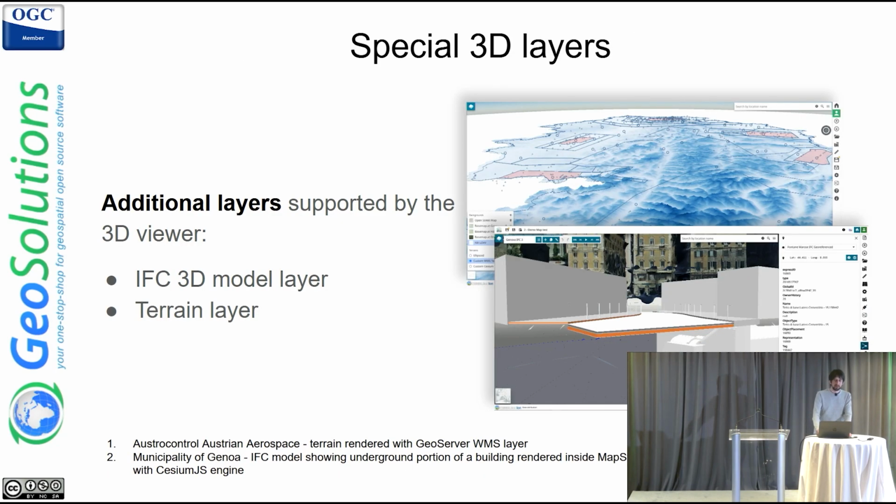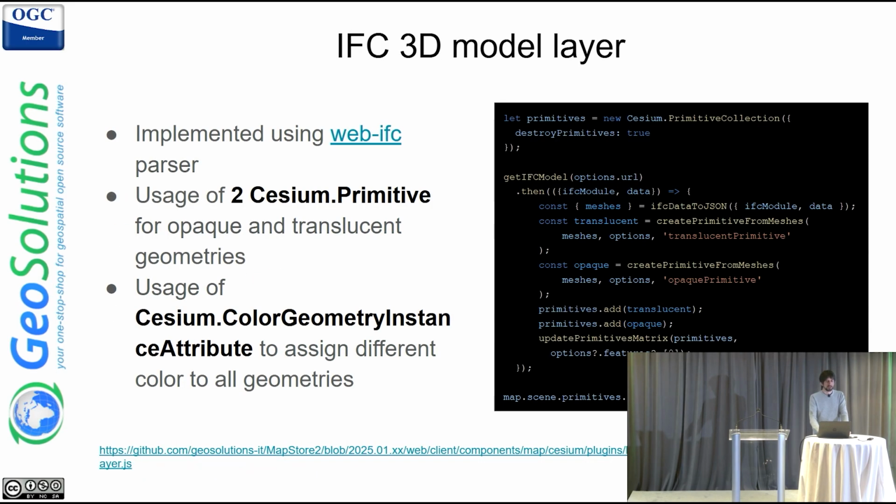In this last part, we want to mention a few layers that we worked on inside the framework system. One request was the addition of a layer to support the IFC model, and it was used also in combination with the clipping system, so showing a project from a CAD software inside the 3D Cesium view.